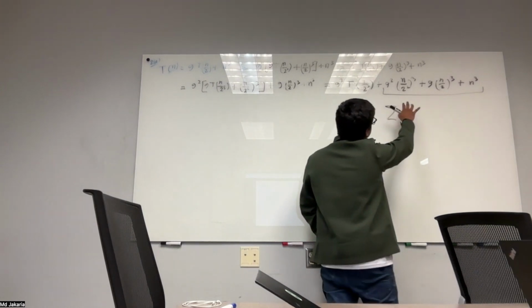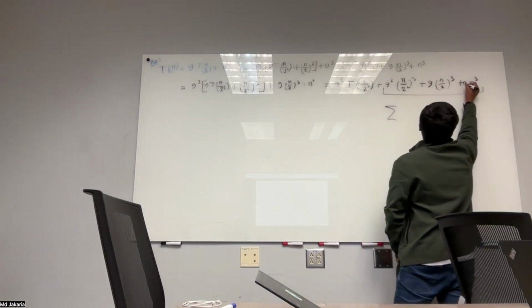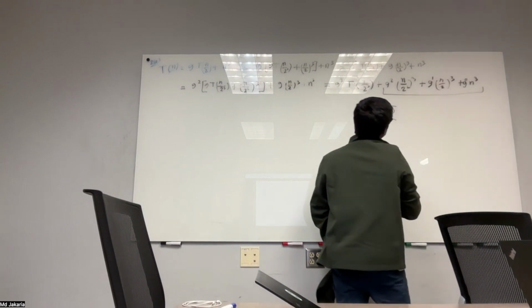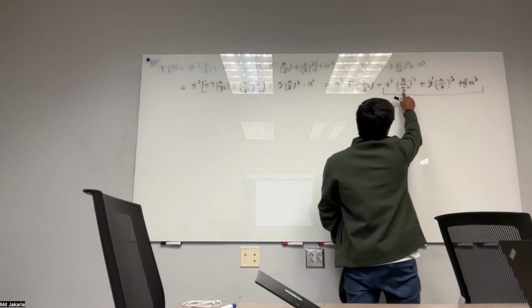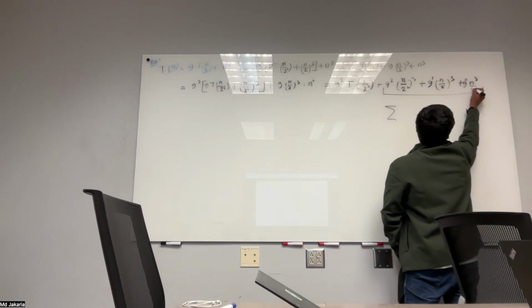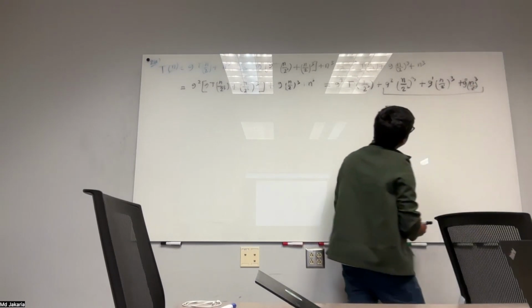So this is a series, right? So we can write it like 9 power 0, this is 9 power 1, and 2 power 1. So we can write here 2 power 0. Okay.